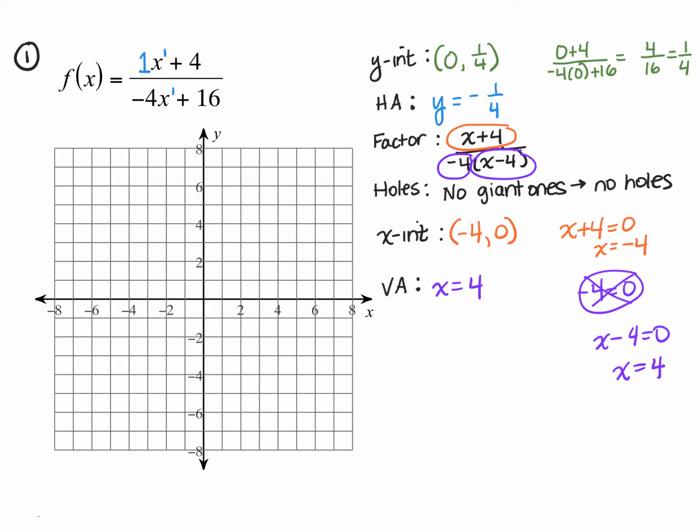Now, when we start putting this all together, I'll go ahead and graph each of these pieces. My y-intercept is the point (0, 1/4), which is right about there. My horizontal asymptote is y equals negative 1/4, so I will graph a horizontal line that's dashed.